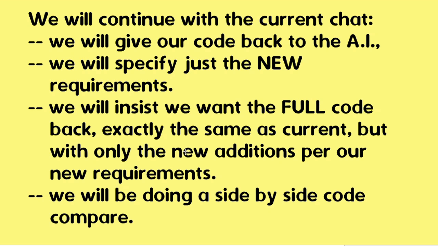But you can try that as an exercise. So try on your own, not giving your current code back to AI and just hoping it remembers. But we're going to do it this way.